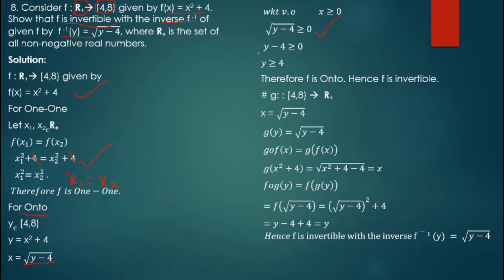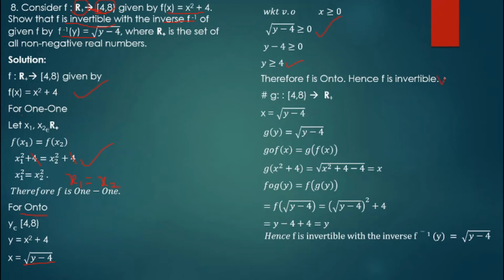Squaring both sides, we get y − 4 ≥ 0. Next, moving 4 to the other side, we get y ≥ 4. So yes, y is greater than or equal to 4 here. A square bracket means closed interval, right? So it includes 4. Therefore f is onto, hence f is invertible.